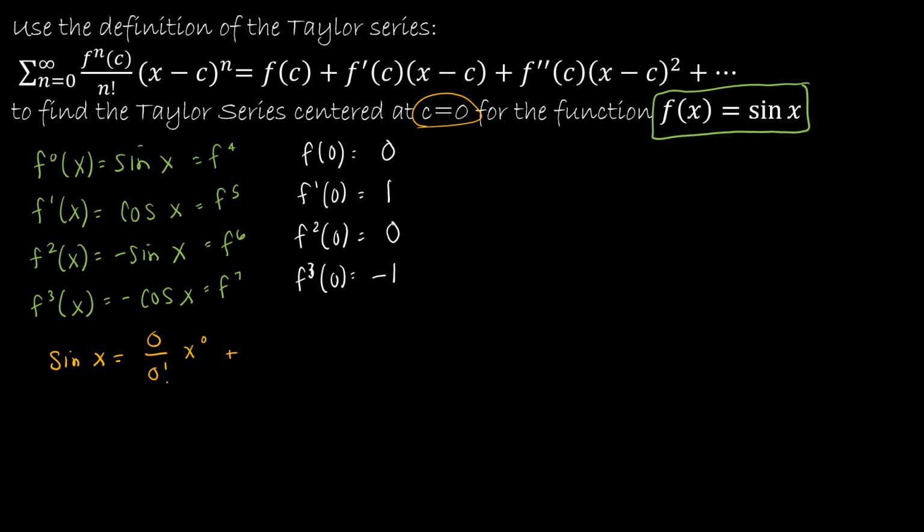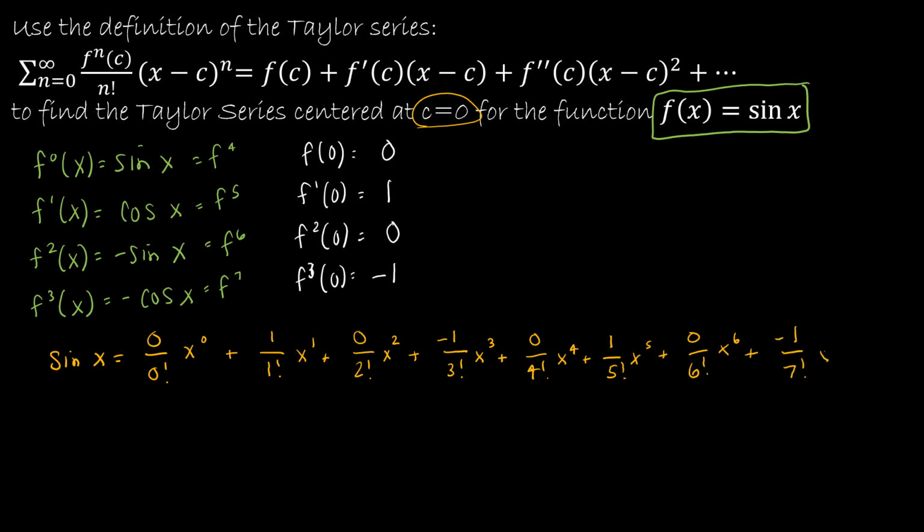And then I would have 1 over 1 factorial x to the first, and 0 over 2 factorial x squared, and negative 1 over 3 factorial x cubed, and then the coefficients would continue to alternate. 0 over 4 factorial x to the fourth, positive 1 over 5 factorial x to the fifth, 0 over 6 factorial x to the sixth, negative 1 over 7 factorial x to the seventh, and so on.